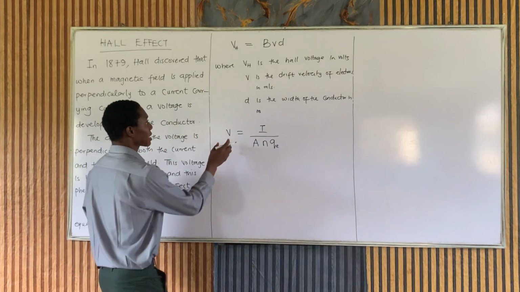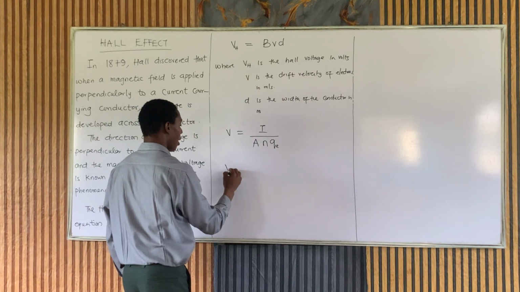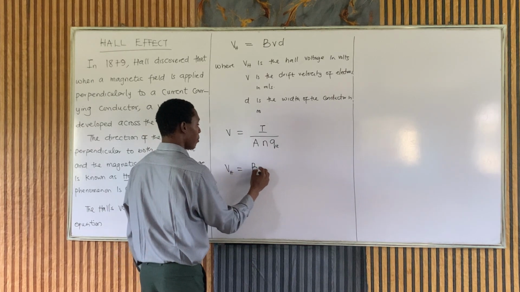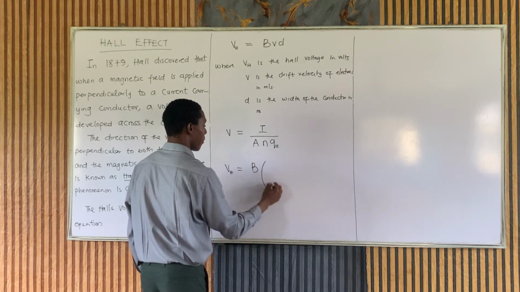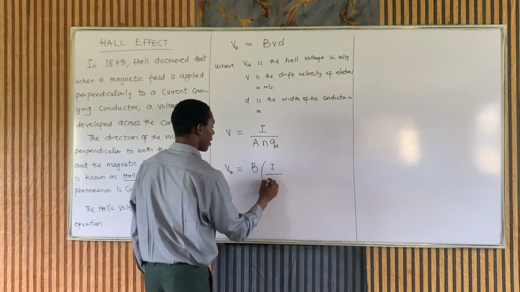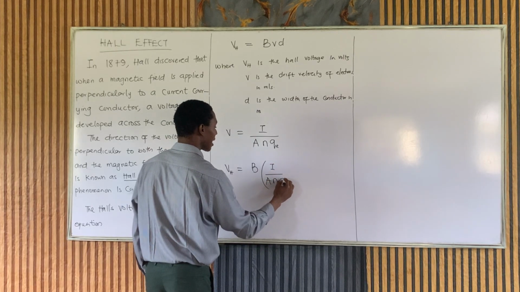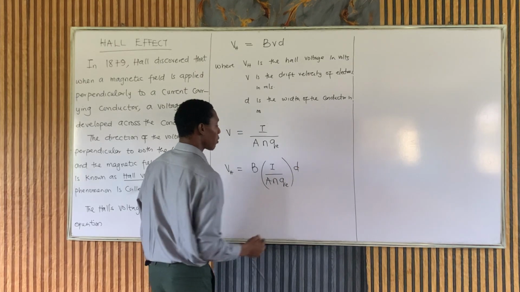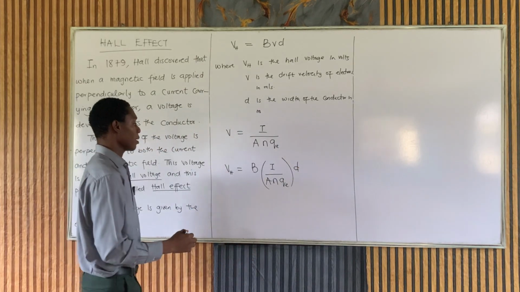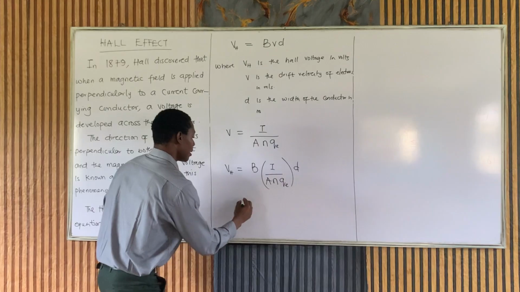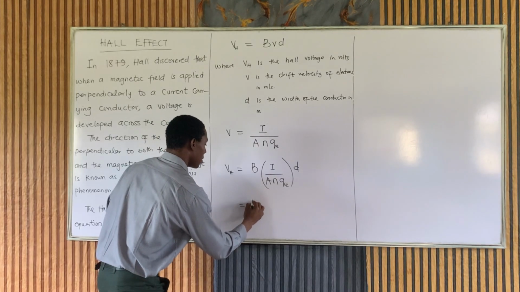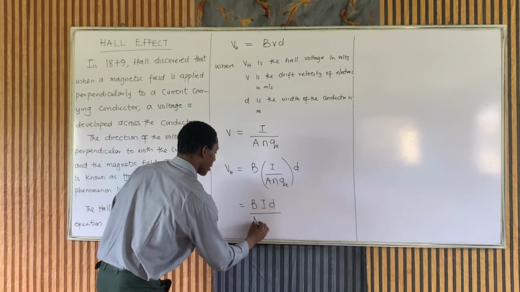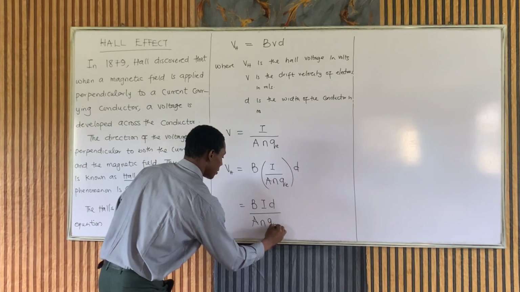If we substitute that for velocity here, our Hall voltage becomes B multiplied by I over area times number of charge carriers times charge on an electron, then times D, which is the width of the conductor. Now, again, this will give us B, I, D over area, N, and QE.